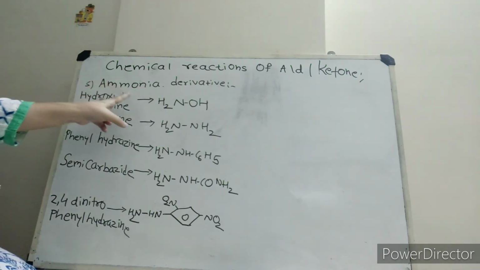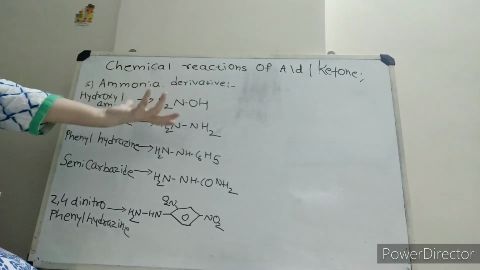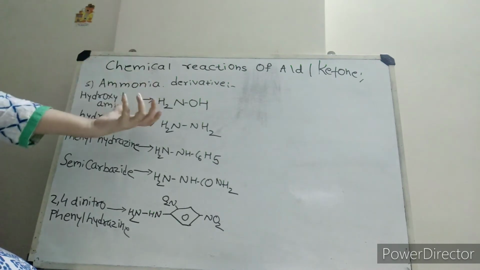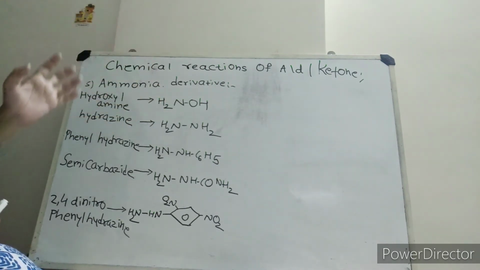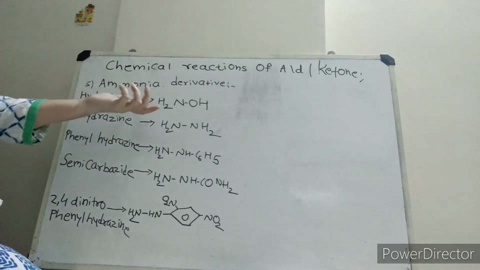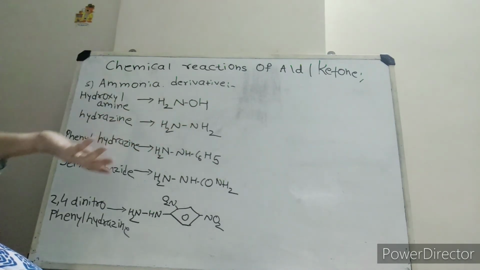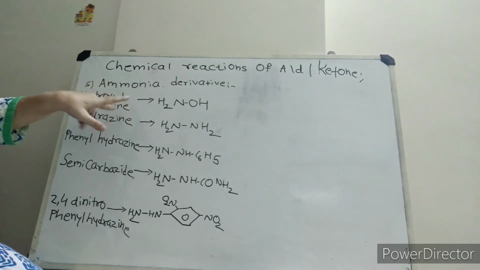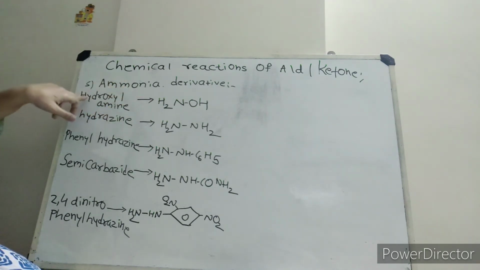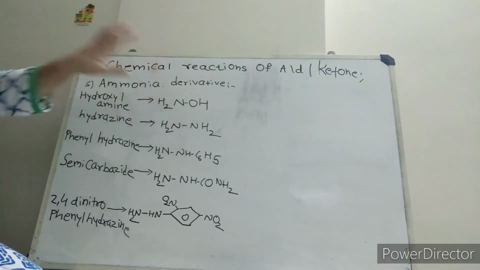You have to remember both the name as well as the formula, because in the board exam they can ask what is the reaction of the aldehyde with hydroxylamine. In words they can give it, or they can ask what will happen if the aldehyde reacts with NH2OH. So they can ask in word form or in formula form, and you have to remember both. Hydroxylamine: hydroxyl means OH, amine means NH2, so it is NH2OH.